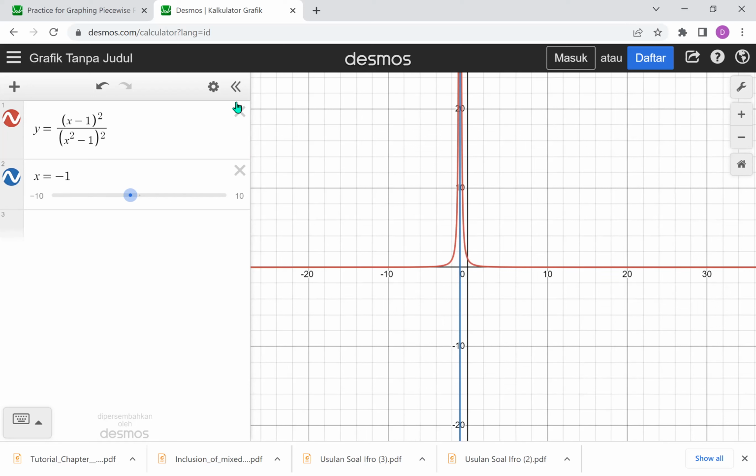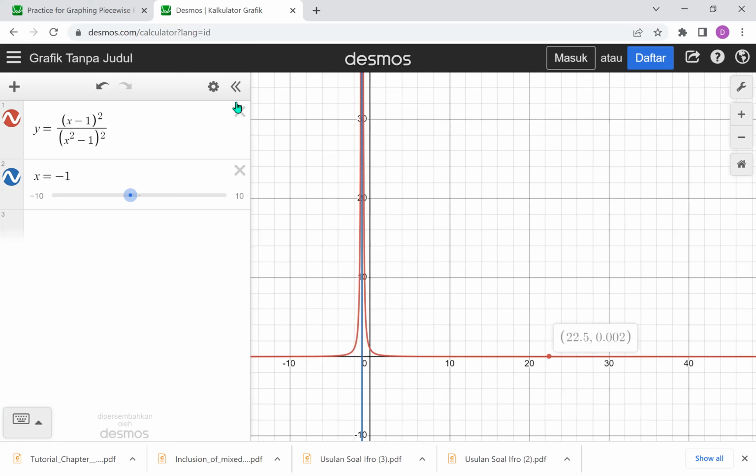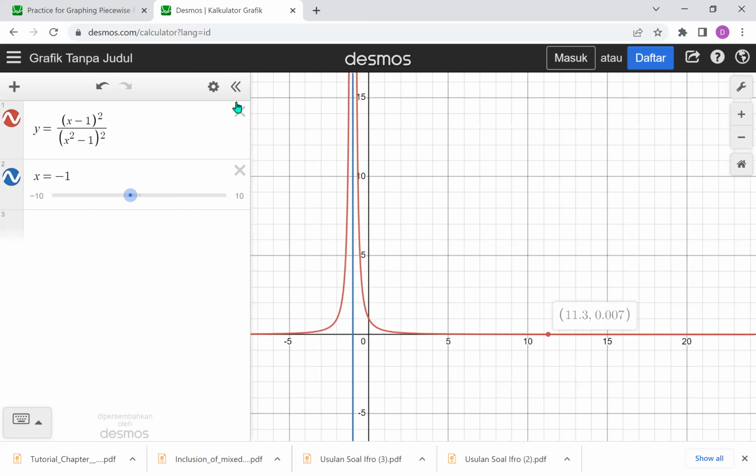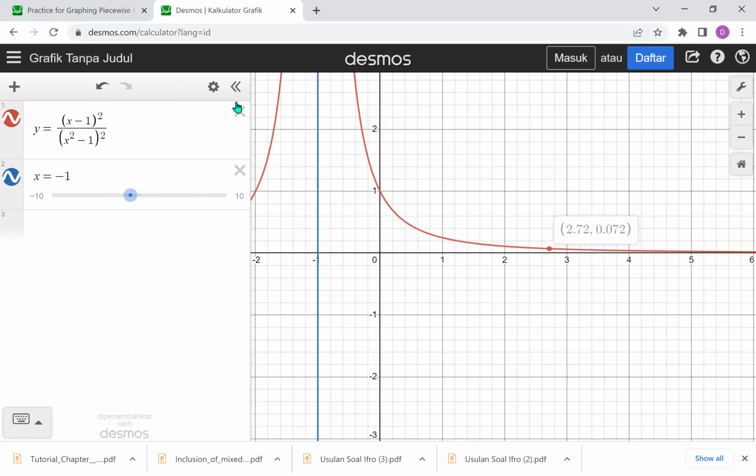Of course, its limit is infinity as well. But still we have the vertical asymptote x equals -1. Any question or comment before we continue?